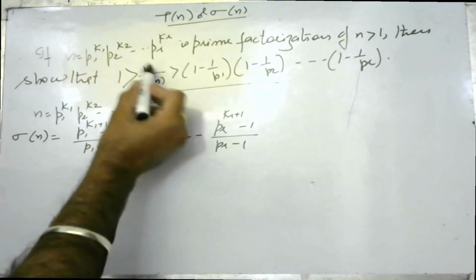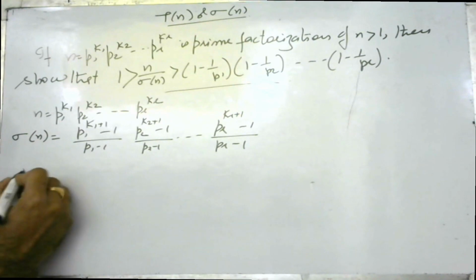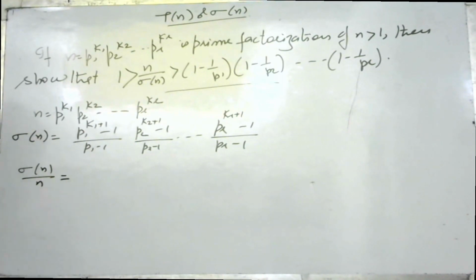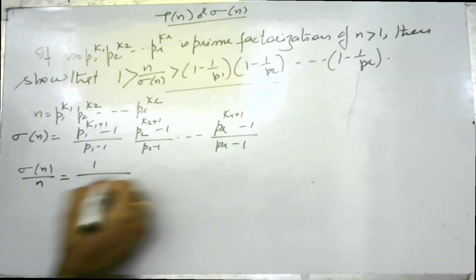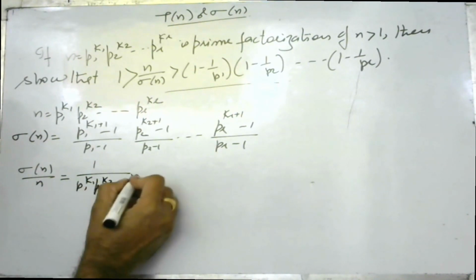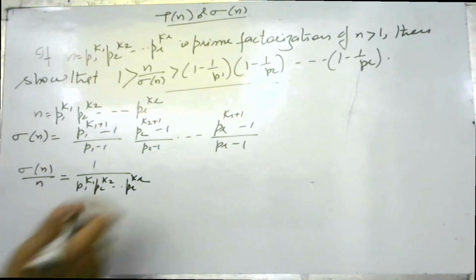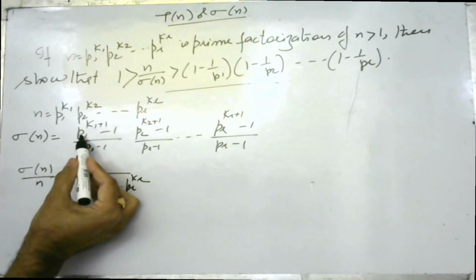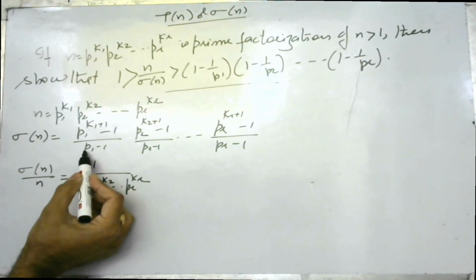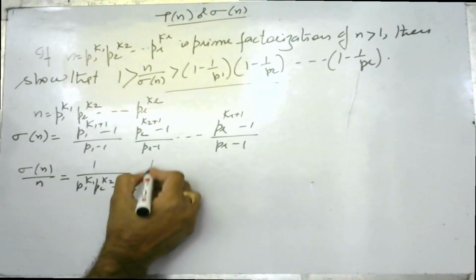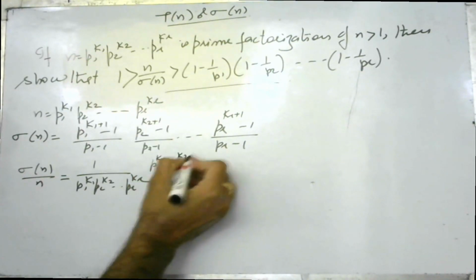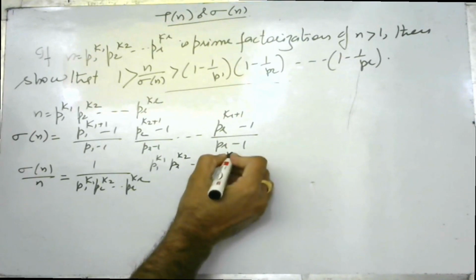Now as per the desired result, we divide both sides by n. Sigma n by n is equal to, and on the right hand side, putting the value of n in prime factorization, that is p1 power k1, p2 power k2, pr power kr. Now here, taking common p1 power k1 plus 1 from here and p1 from the denominator, you see p1 cancels and we are left with p1 power k1, and from this factor we get p2 power k2, and from this factor we get pr power kr.